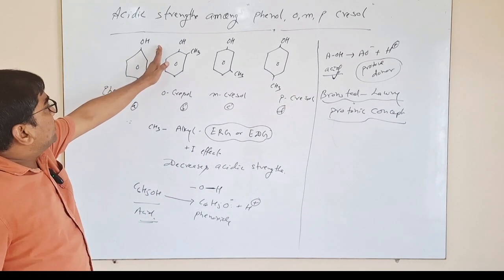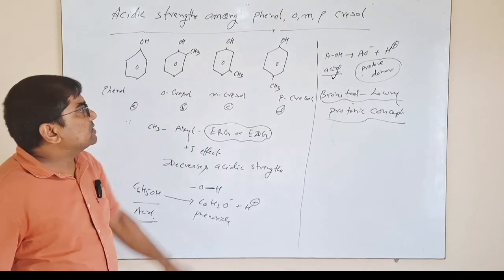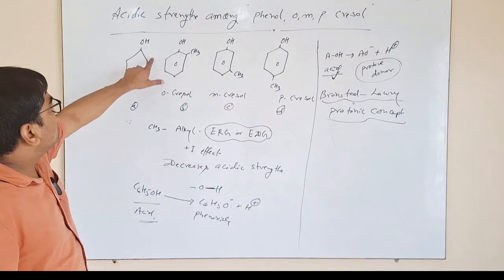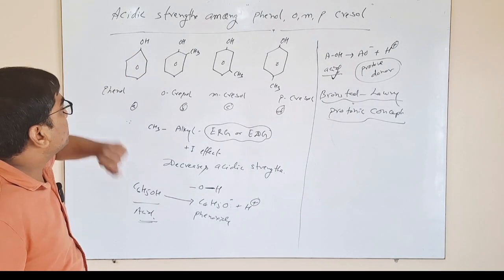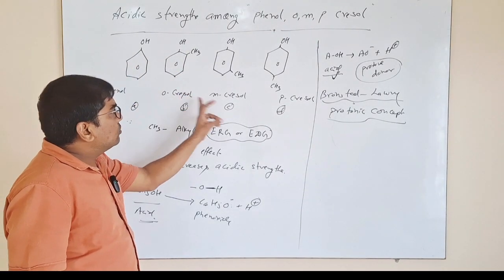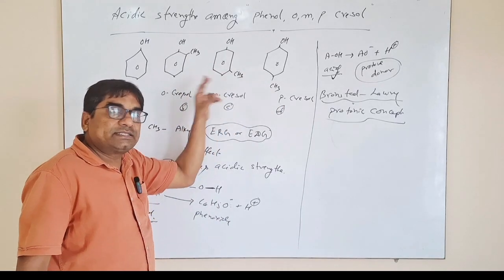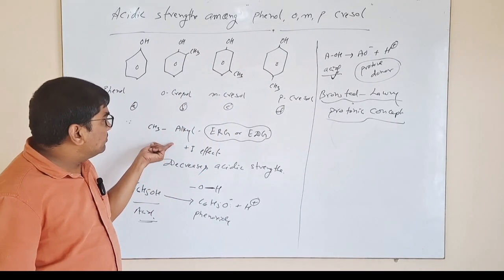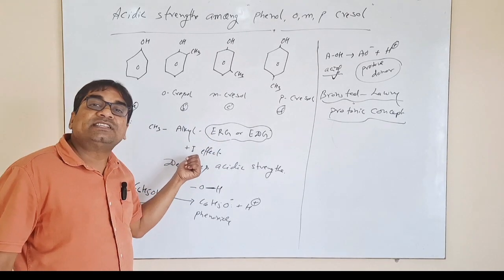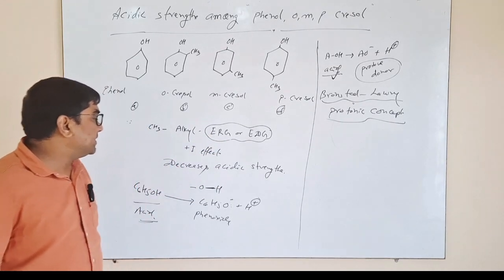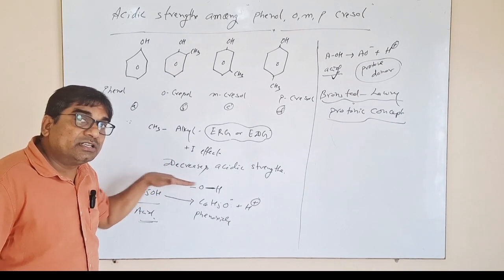Between phenol and the rest, ortho, meta and paracresol, phenol has no group attached to the benzene ring, while in ortho, meta and paracresol, a methyl group is attached. Since the methyl group behaves as an electron releasing group that influences plus I effect in the chain, acidic strength decreases.